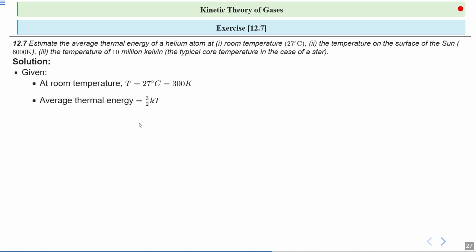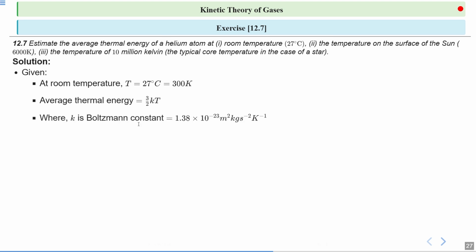Here k is the Boltzmann constant, which is a fundamental constant in physics. Its value is 1.38 into 10 raised to the power minus 23 meter square kg per second square per Kelvin. This constant relates the average kinetic energy of particles in a gas with the temperature of the gas.